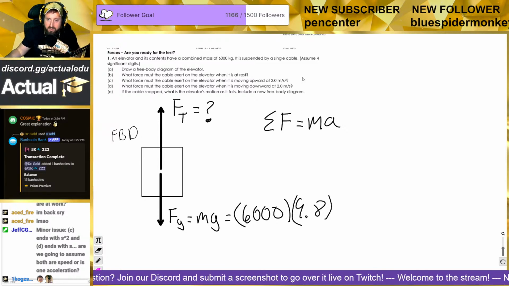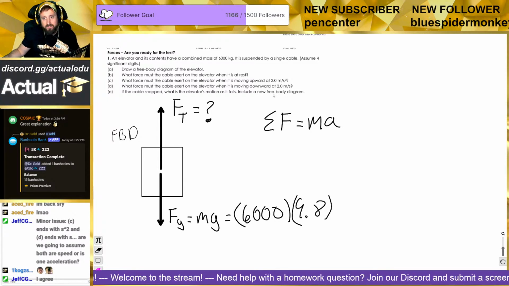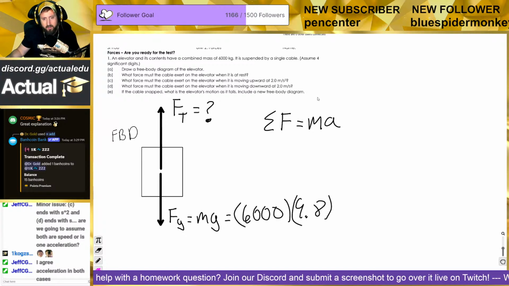My guess is this is a typo, because the whole design of these two parts of the question is to show how the sign changes. Otherwise, we don't know about the acceleration. Yeah, I agree.